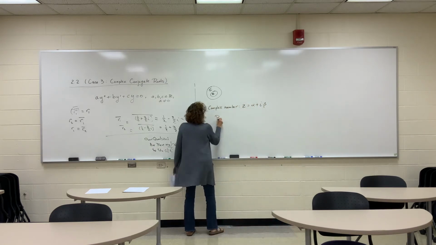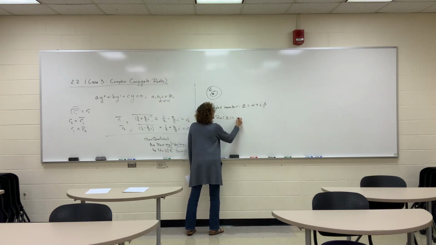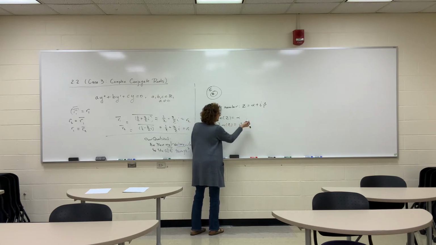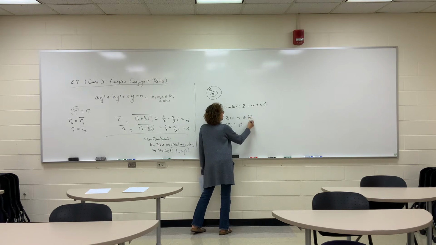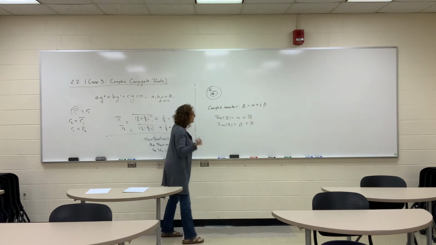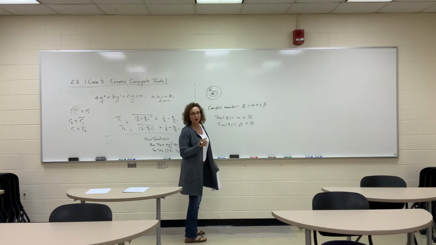And so the real part of z is alpha, the imaginary part of z is beta. These two things are real numbers, okay? The real part and the imaginary part are real numbers. And then i is our guy that we're about to talk about a little bit more.